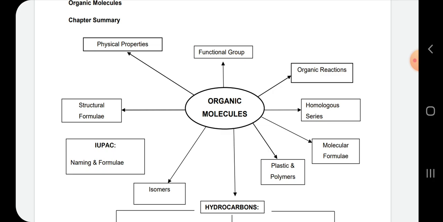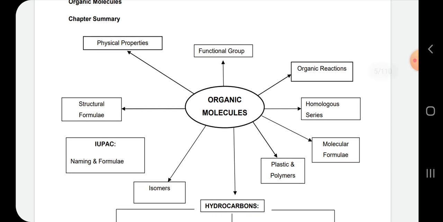So just check it out, where you'll be learning more about functional groups. But watch this one first. After watching this one, then you will go and watch the functional group one. It's detailed, so I don't think there's a need for me to repeat it again for you, because it's already there. So I'll just link it in the description box. Just click on the link and it will take you straight to that video.